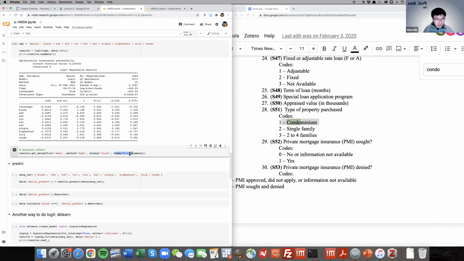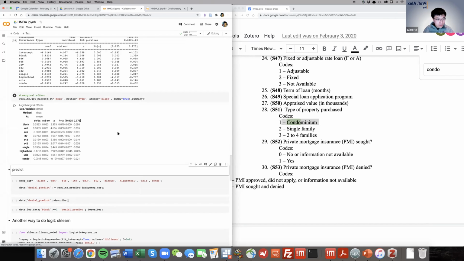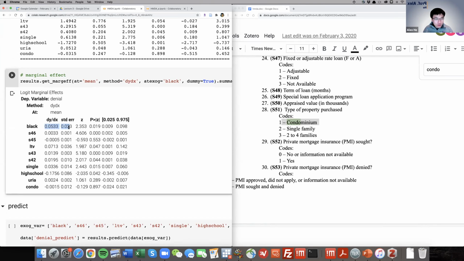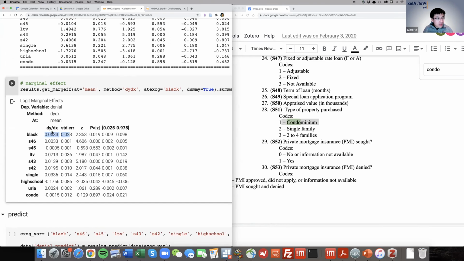I don't think that's very important. And then this will print out the marginal effect. You can see that this is more in line with what we saw earlier. And the coefficient here means that the denial rate is about 5% higher if you have all the other variables at the average value.